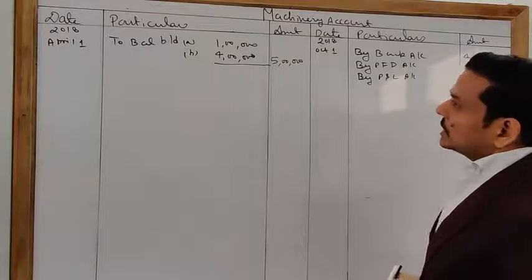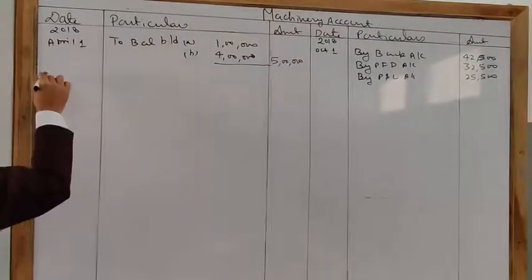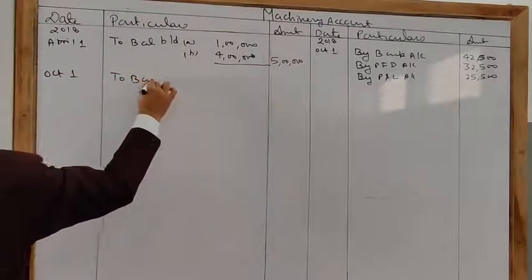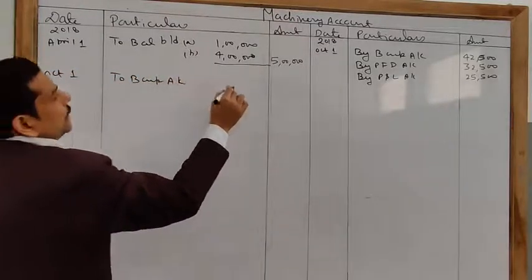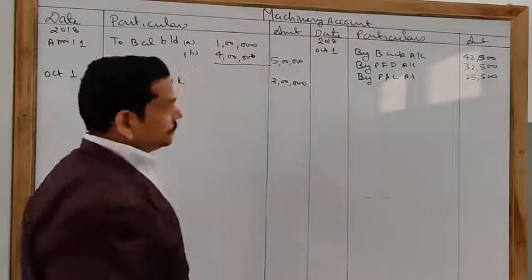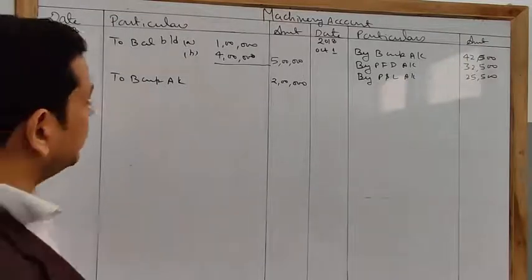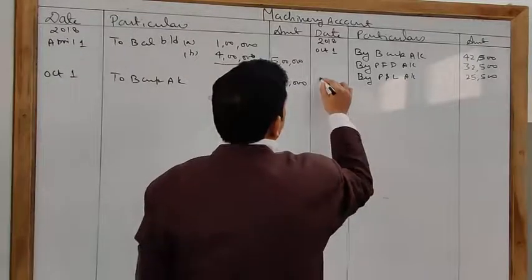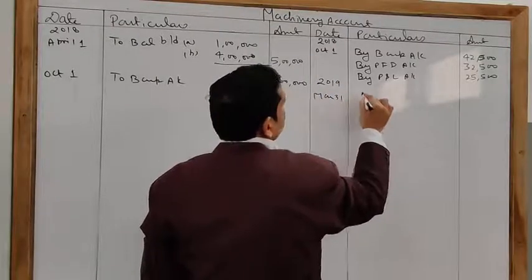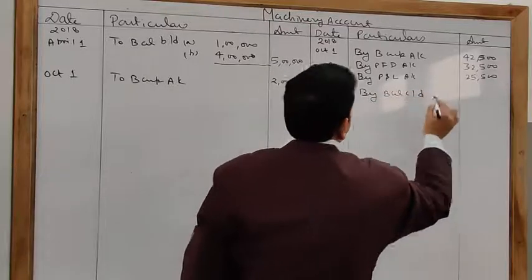Clear? Now your machinery has been sold, and on the same date one more machinery has been purchased, October 1 to bank account 2 lakh. Clear? Now as no other machinery has been purchased, we are going to close machinery account 2019 March 31st by balance c/d.